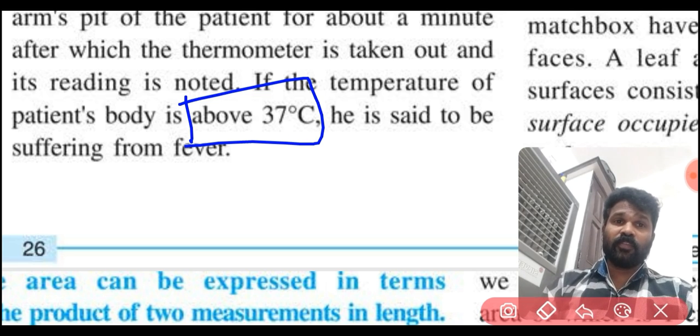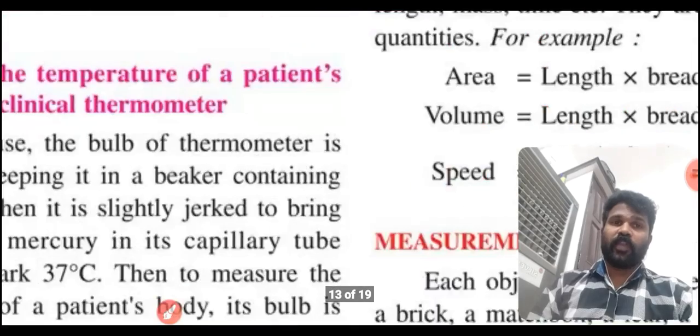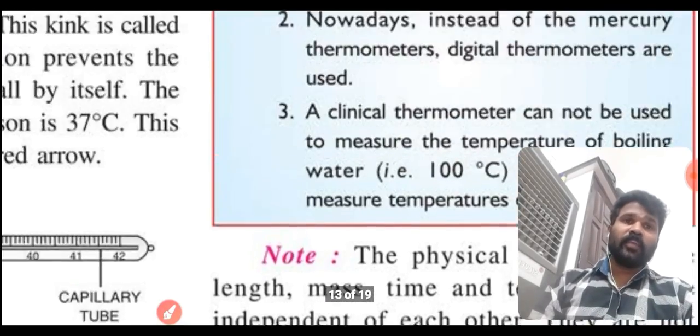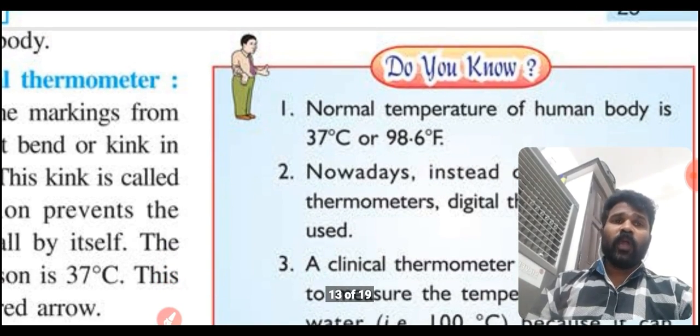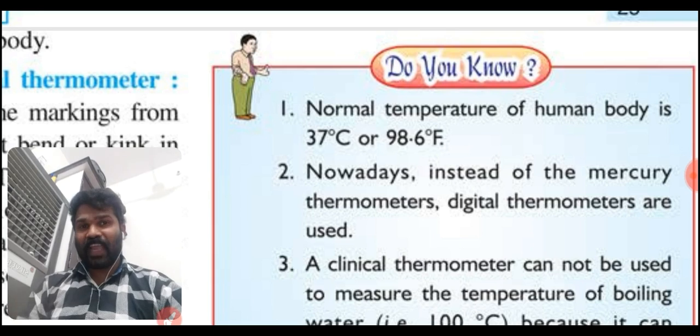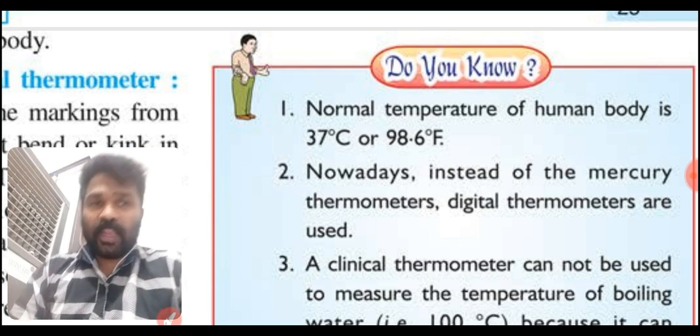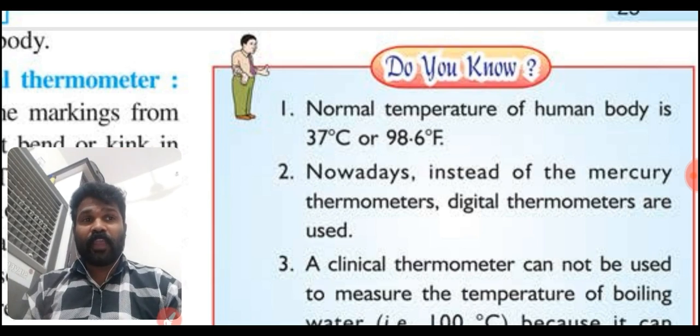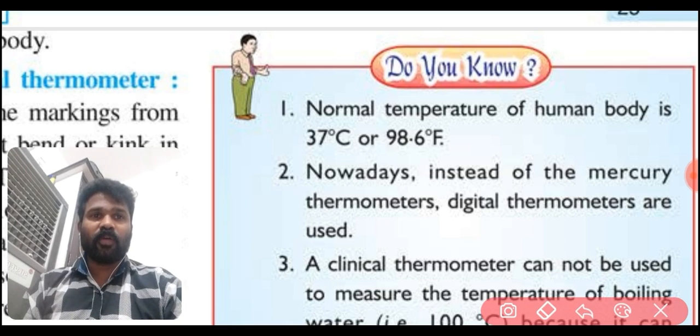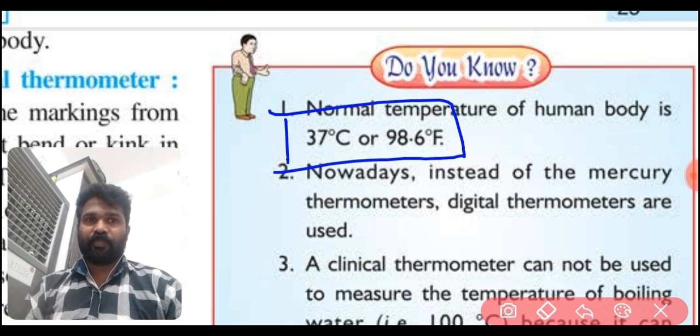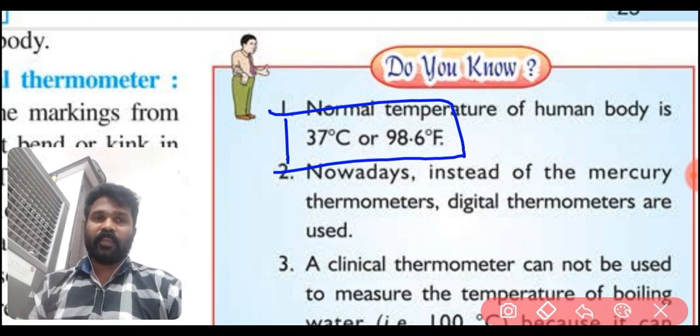One important point, a fascinating fact: the normal temperature of a human body is 37 degrees Celsius or 98.6 degrees Fahrenheit.